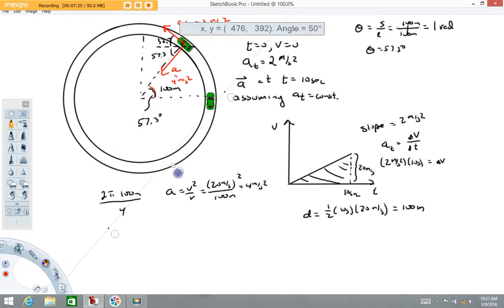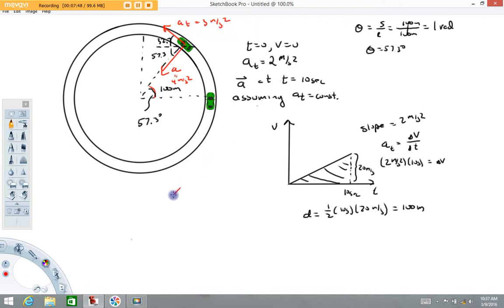Alright, I need some room here. I think we'll come down here. So now the acceleration is the vector sum of these two things. Let's see, I'm going to draw the centripetal first: 4 meters per second squared.